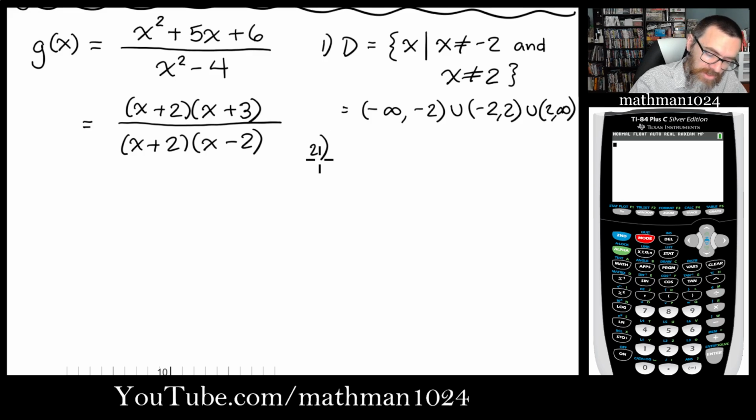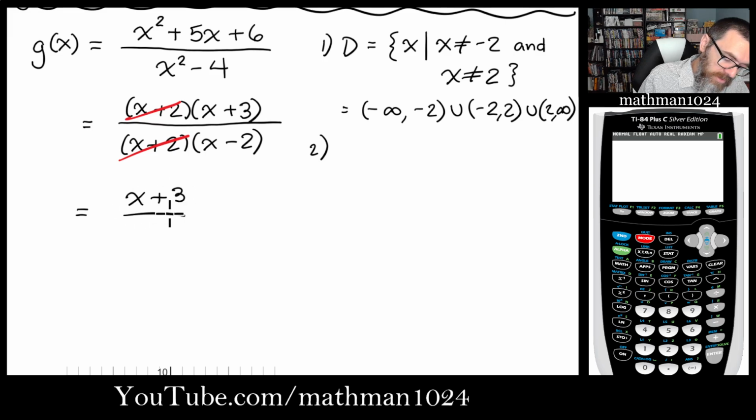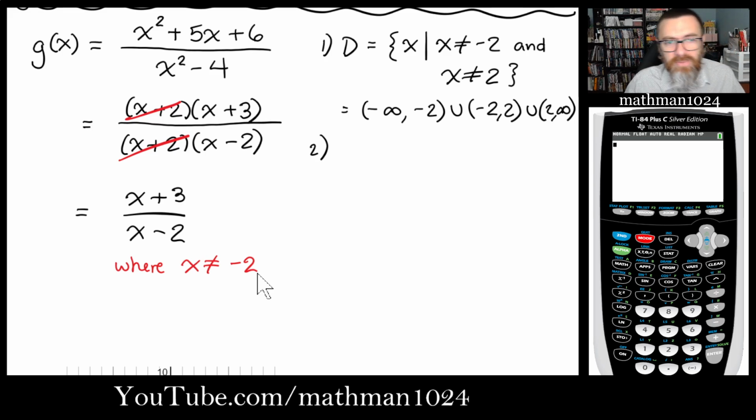All right, the second thing is to write our function in lowest terms. So these guys reduce, and it gives us x plus 3 over x minus 2. Now again, we've mentioned this in previous videos, but this is going to be with the caveat where x does not equal negative 2.